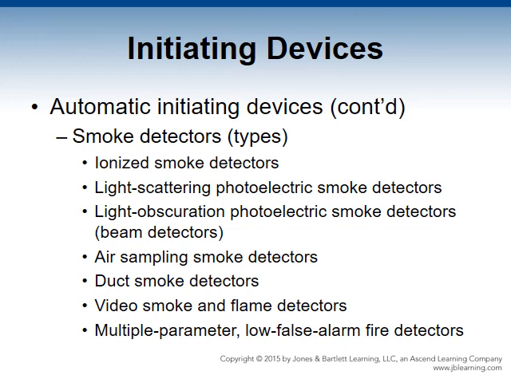Spot type detection uses filtered photoelectric detection with air sampling technology in a spot detector, or in environments where the dust level is higher than normal. These detectors are not suited for outdoor or potentially explosive environments. Many air sampling systems are installed as stand-alone systems to protect a critical operational area of a building, but they can also be used with fire suppression systems.